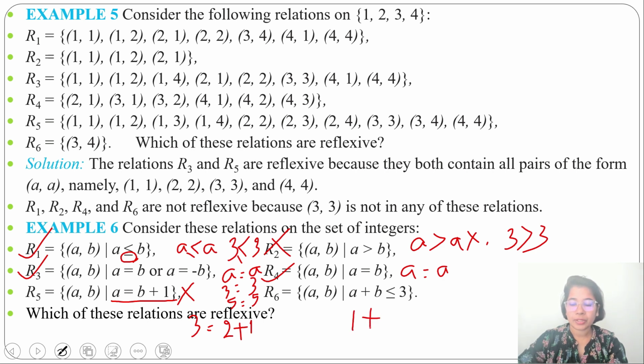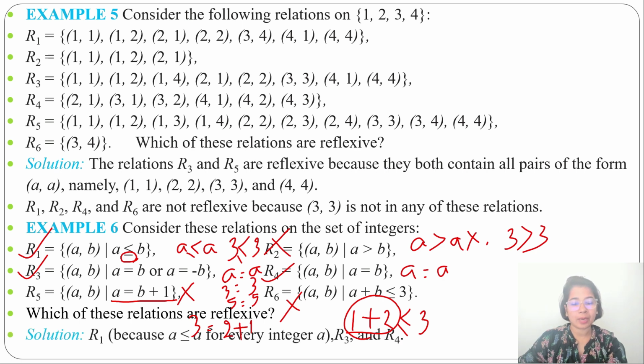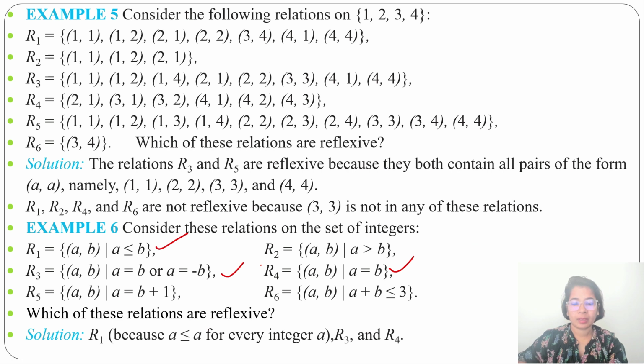Like 1 plus 2 is less than or equal to 3. So (1,2), are both the same? No. So R6 is not reflexive. We found R1, R3 and R4 are reflexive. The rest, R2, R5 and R6, are not reflexive.